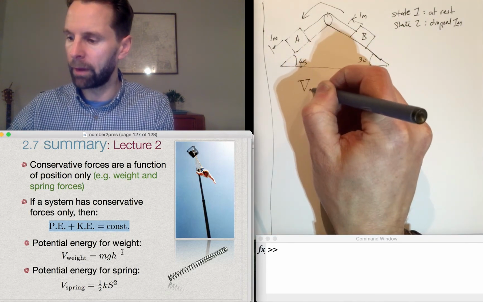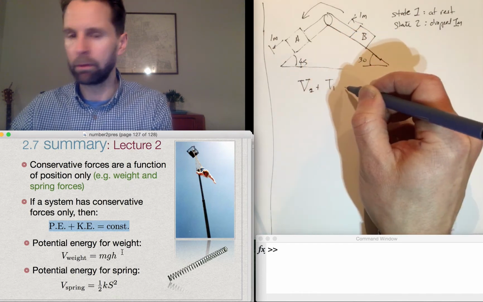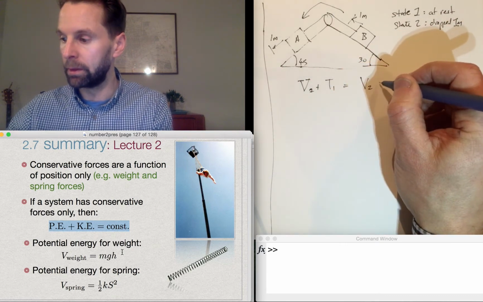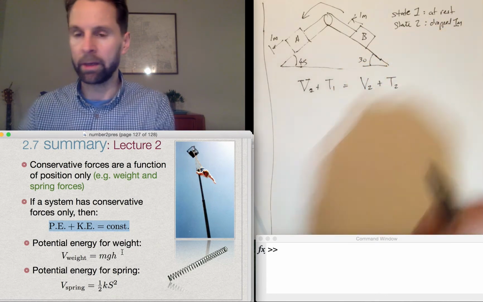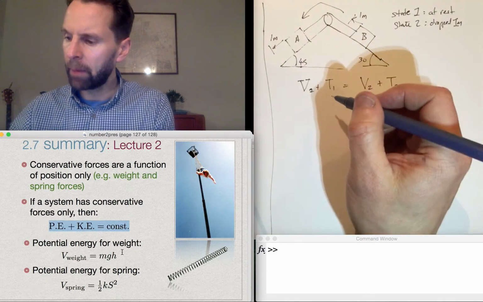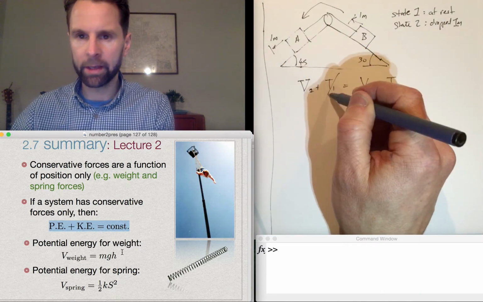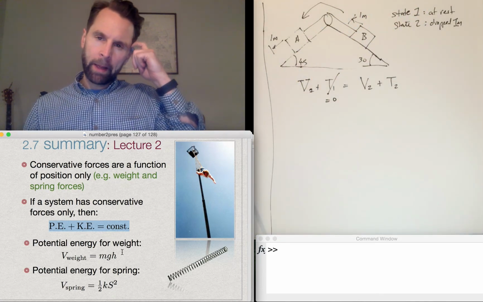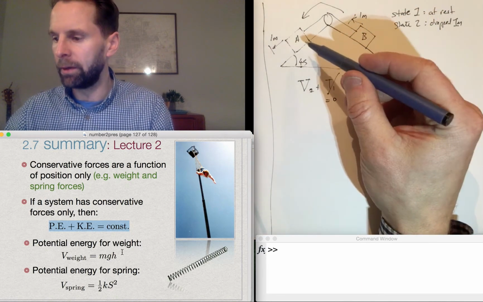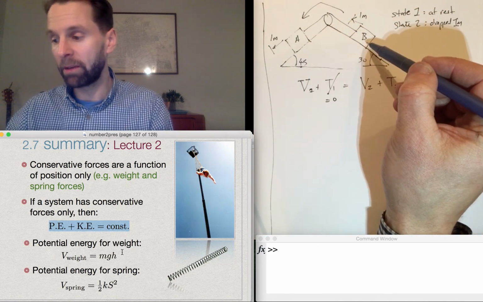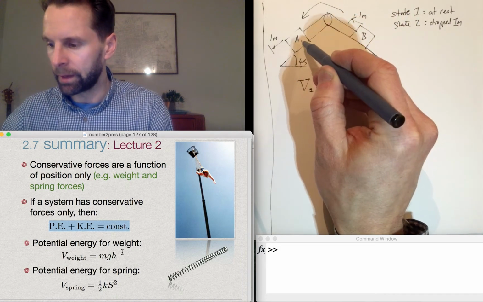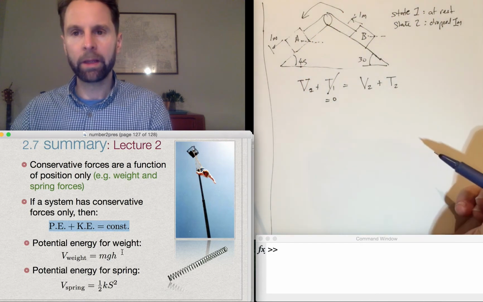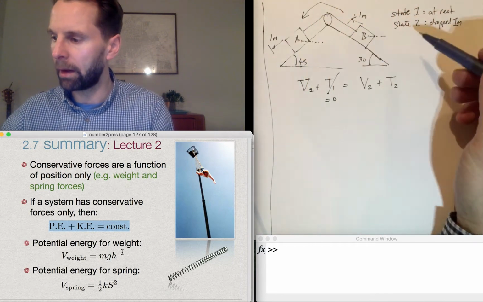So we have our simple statement of conservation of energy. Potential energy plus kinetic energy at state 1 is equal to the potential energy plus the kinetic energy at state 2. And because it's at rest initially, our kinetic energy is 0. And we can define our datum for each block differently. As I say, they're drawn like they're the same level, but they needn't be. But we'll define a datum for each at the centre of mass at state 1.